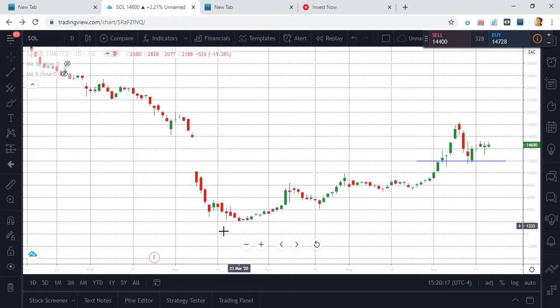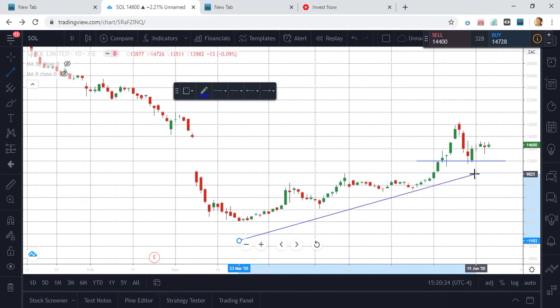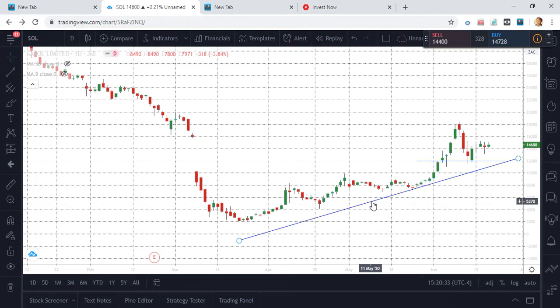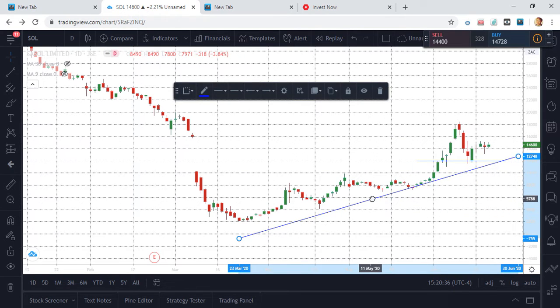On the graph, we still have momentum to the upside. If you put a trend line there, as you can see, we have a trend to the upside.